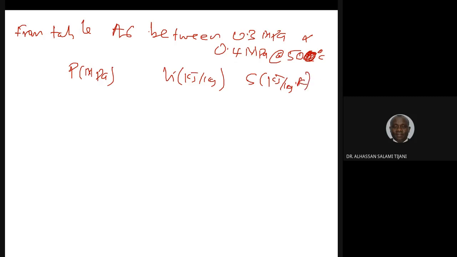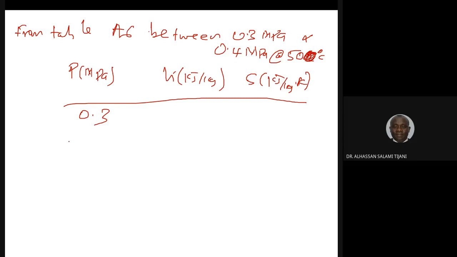We are going to interpolate, starting with pressure 0.3. If you go to the property table, this is superheated.